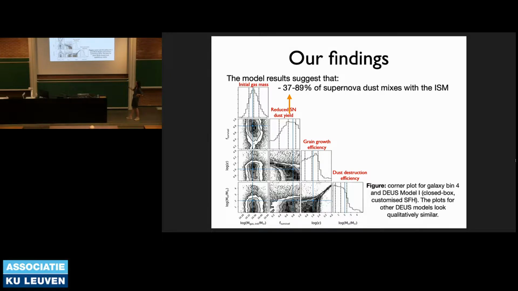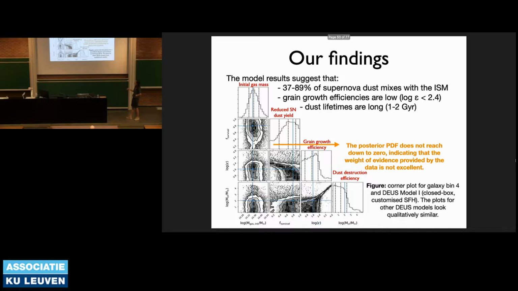So what we can learn from that is that we only reduce the supernova dust yields by a small factor, like 50% or so, not the numbers that I showed you before that people require to reproduce the observations. Our grain growth efficiencies are relatively low as well. We get somewhat longer dust lifetimes, 1 to 2 gigayears.